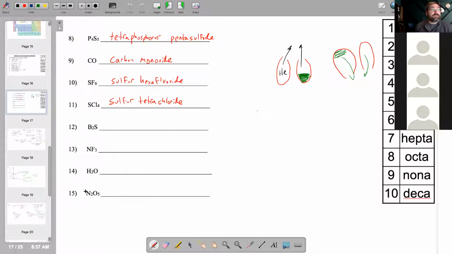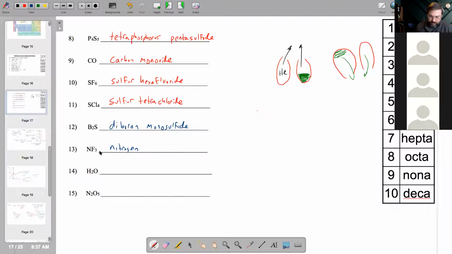So you got 2B, so that's diboron, and then sulfur changes to sulfide, monosulfide. And then nitrogen and three fluorines. There's one nitrogen, but you don't put in mono, it's just nitrogen. And then, hold on, let me check.